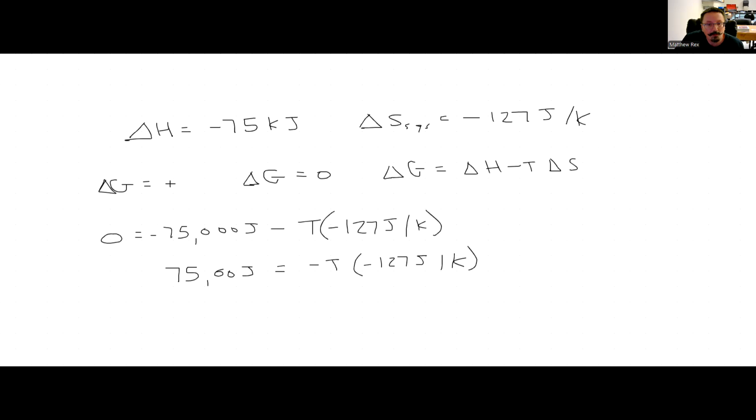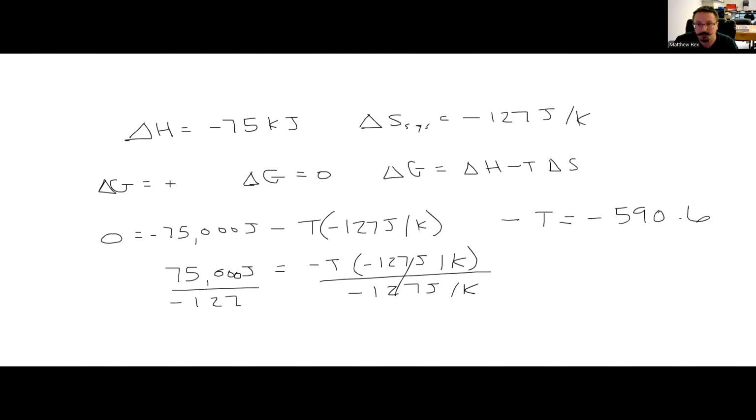Divide both sides by that 127. And negative T equals negative 590.6, or T equals 590.6 Kelvin. So once we go above that temperature, we will suddenly become non-spontaneous.